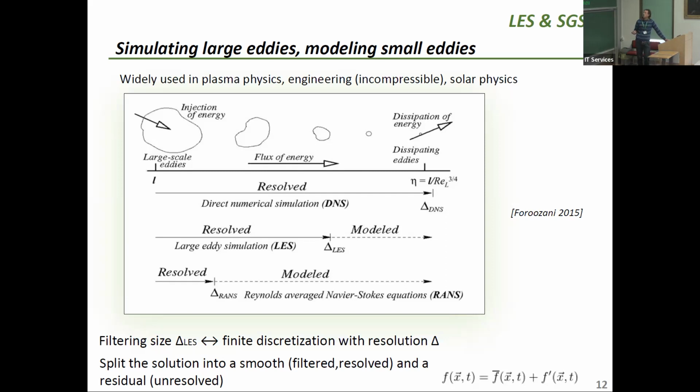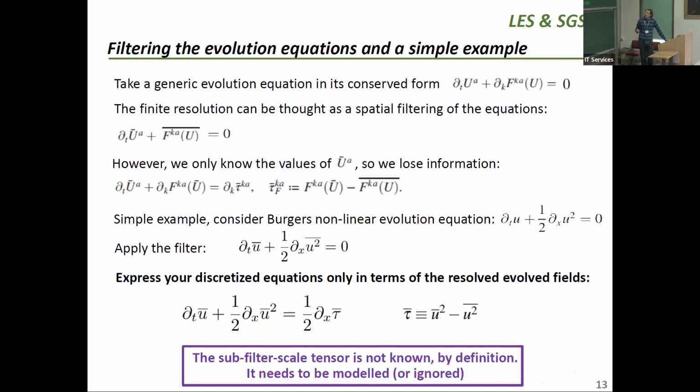So your continuum field F is split into an average part, which is what you can resolve, plus a residual that is what you cannot resolve, and that contains the information inside your cell that cannot be followed directly. Now, the point is that when you have an evolution equation, we can cast it in conservative form. So you have a set of variables U, which are the conserved variables that you evolve, and you have a flux associated to all of them.